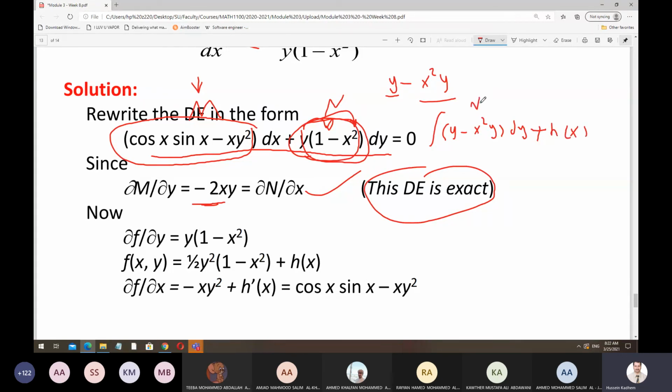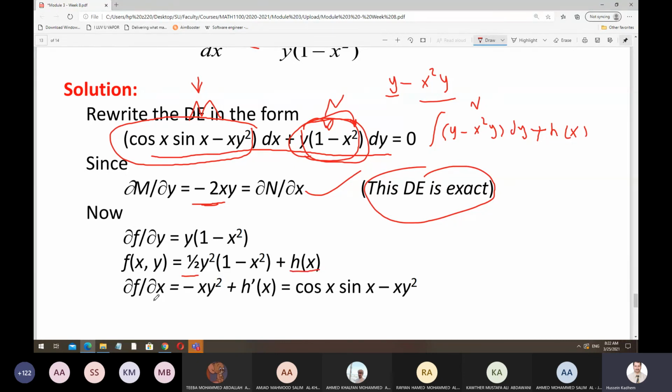This is N, right? When I integrate y, it will be y squared over 2. So x squared y squared over 2, plus h of x. You see here, 1 over 2 outside y squared, and this is h of x.